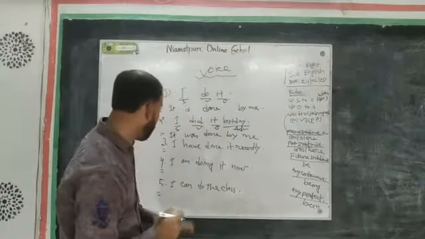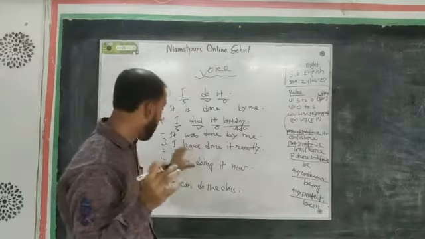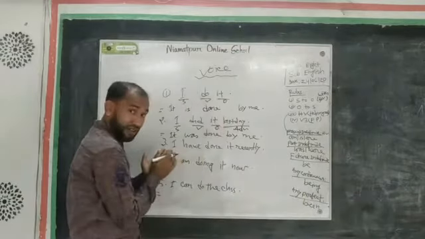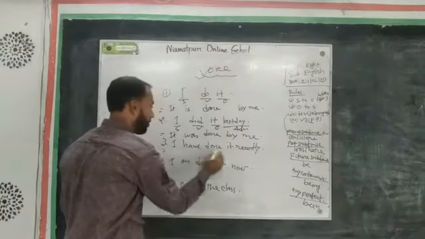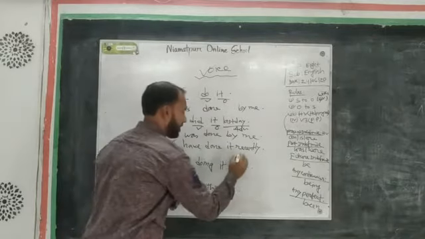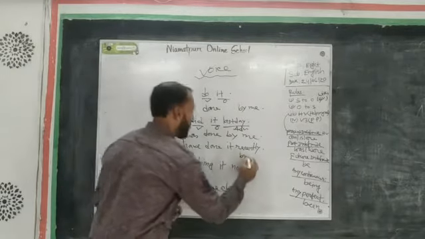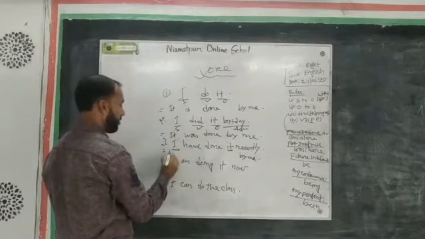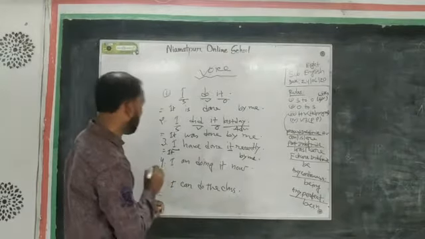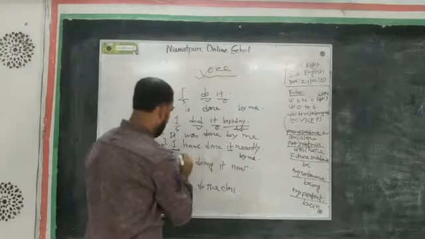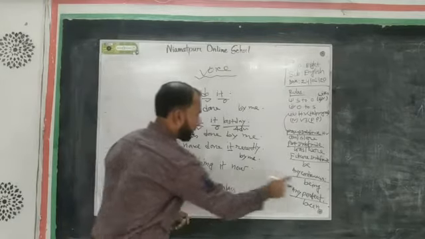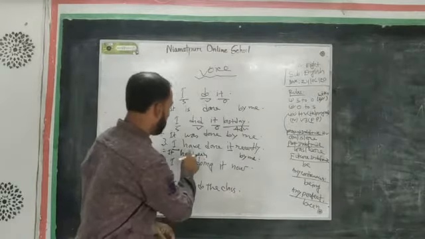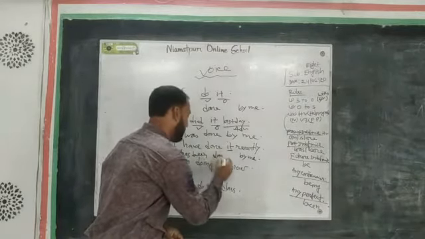Now I am going to move on from active to passive. This is perfect tense, so be will be brought here. This is the subject, by me, it and has, extra been, past participle already done.